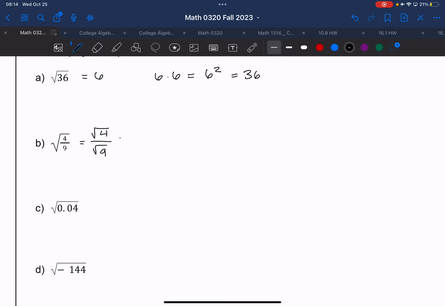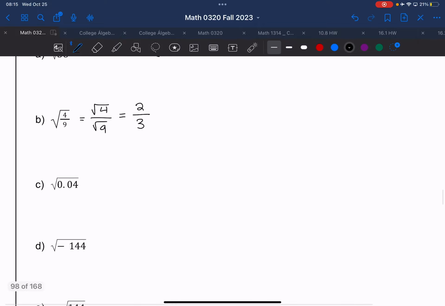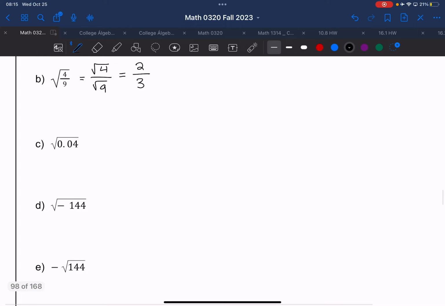So then we simplify them separately. What's the square root of 4? 2, and then the square root of 9? 3. So that means the square root of 4/9 is 2/3. Which means if we do 2/3 times 2/3, we're going to get 4/9. Two multiples of the same number.